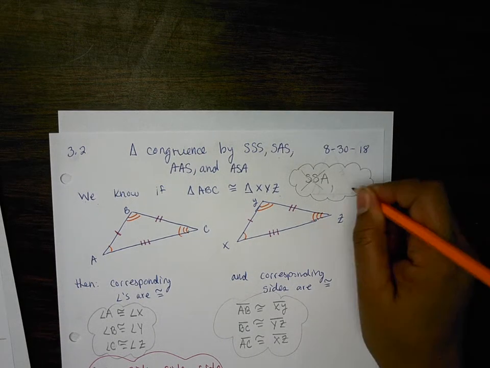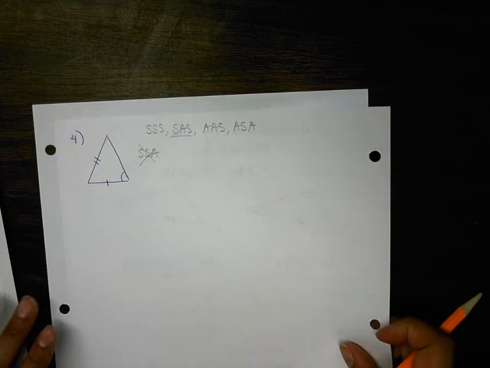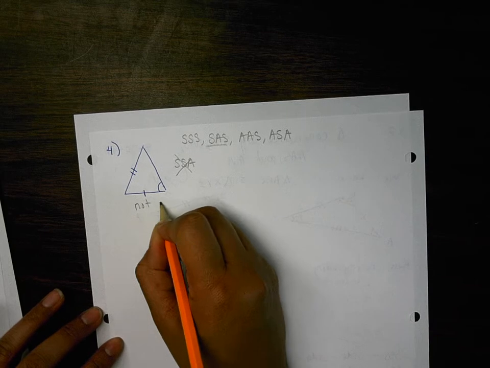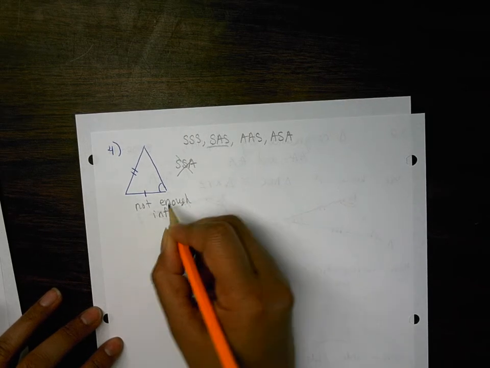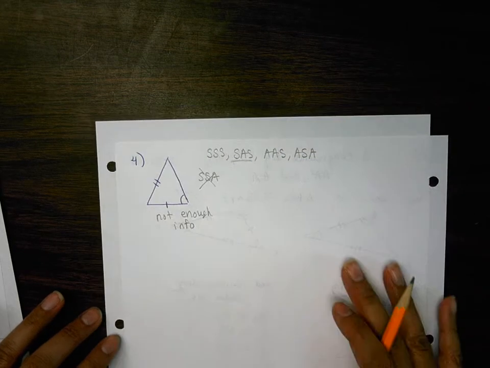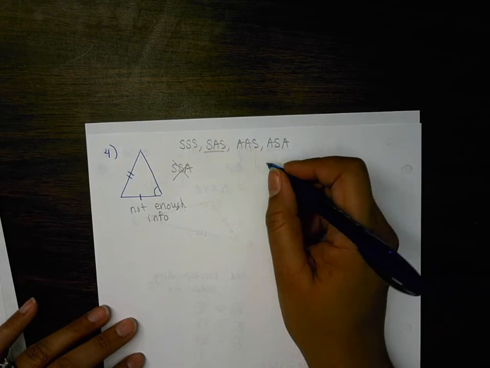There is one more; we'll write it down after we keep going. So we'll put here not enough info. I'll need another angle or another side, or another angle marking in there. The way it's given, it's none of these.